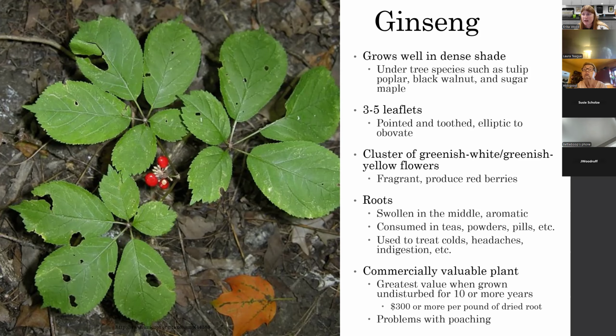Okay. That's why we have a lot of poachers, because of how much money this plant's root can go for. Now, I have here $300 per pound. That's an old estimate. I guarantee you it may even be more than that.